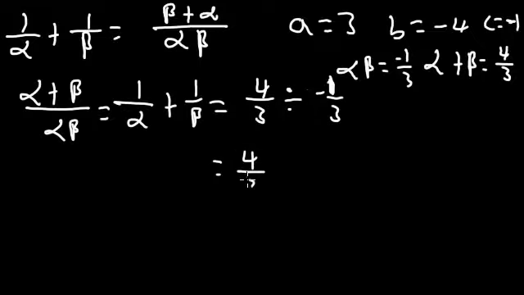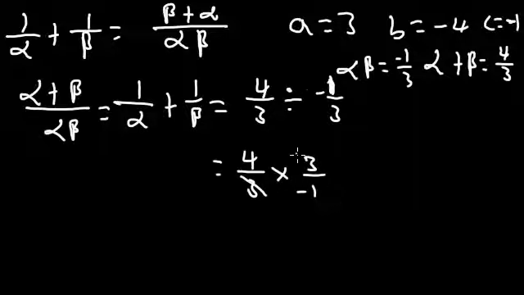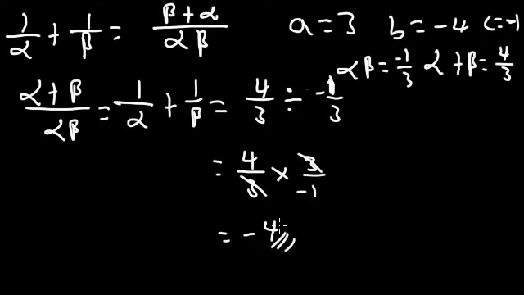We keep the first fraction, we change the sign to times, then we flip the last fraction, so the denominator becomes the numerator and the numerator becomes the denominator. Now, notice that the 3 cancels, and 4 divided by negative 1 results in negative 4. And this is our final answer for 1 over alpha plus 1 over beta.